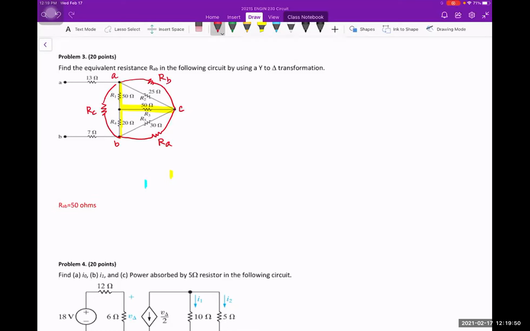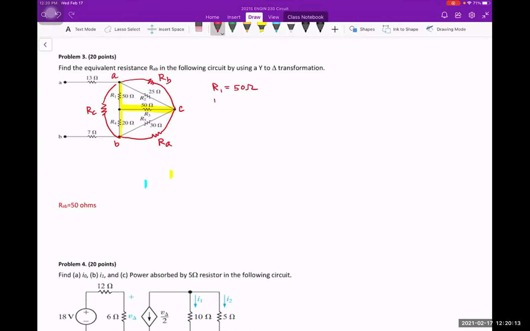Now, the next thing is that when you use that equation, you have to identify which one is R1, which one is R2, and which one is R3, right? Based on the rule, the one that connects to A is R1. So I know my R1 is equal to 50 ohm.